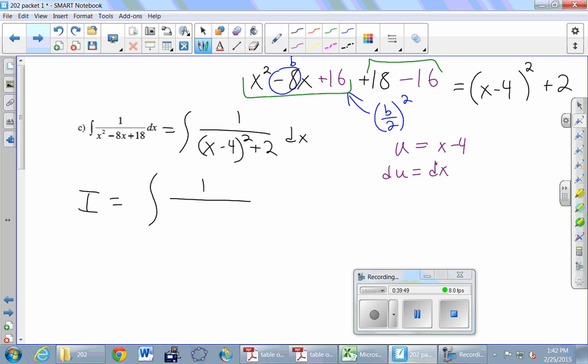Okay, x minus 4 becomes u, so this guy is our u squared. That plus 2, I'll just leave it as a plus 2, although a couple of folks see where we're going with that. Dx becomes just du. Pretty straightforward u substitution.